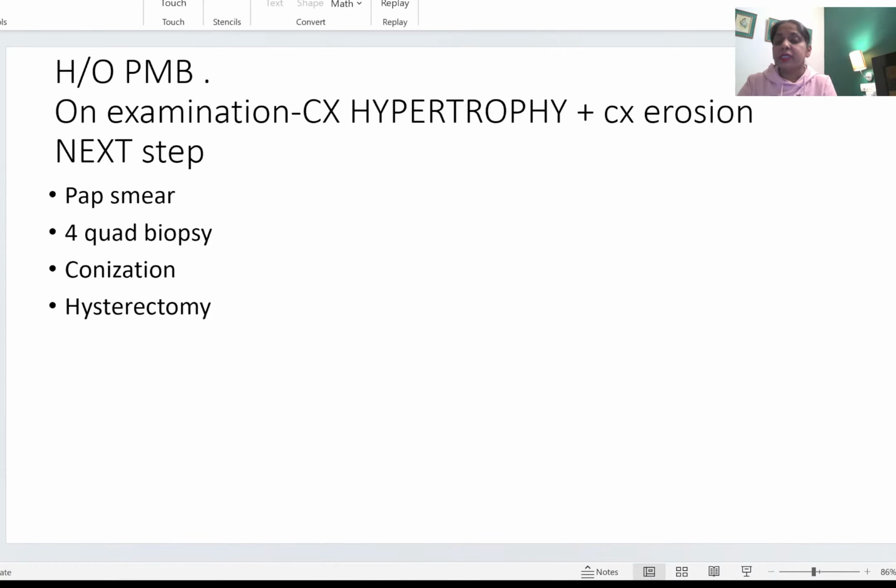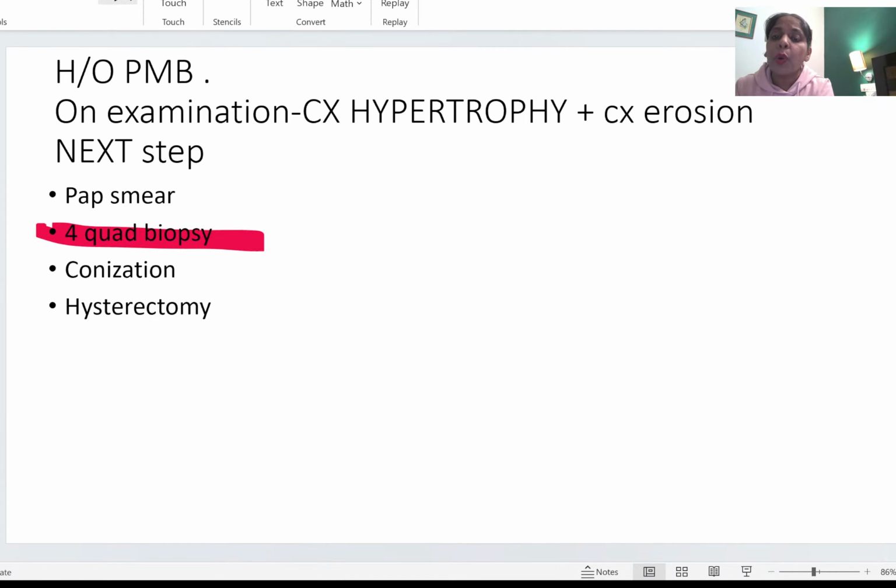On examination, the cervix is hypertrophic, erosion is there. What is your next step? The cervix is unhealthy. Now you are able to see the lesion.